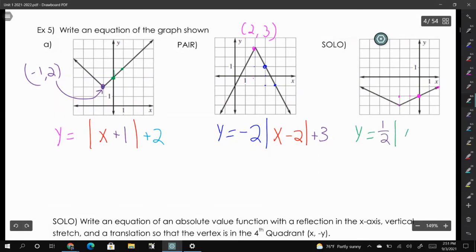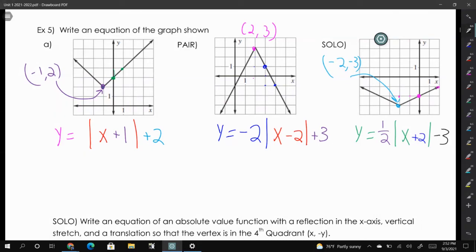And the absolute value of x, our vertex is at -2, -3. That means we have to have x +2 on the inside and then -3 on the outside.